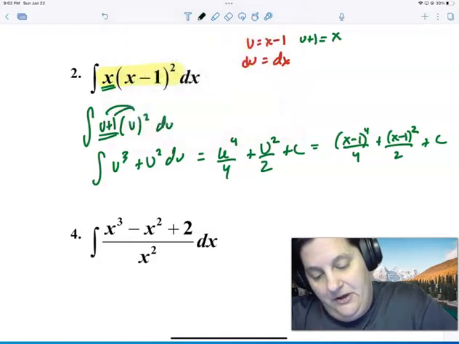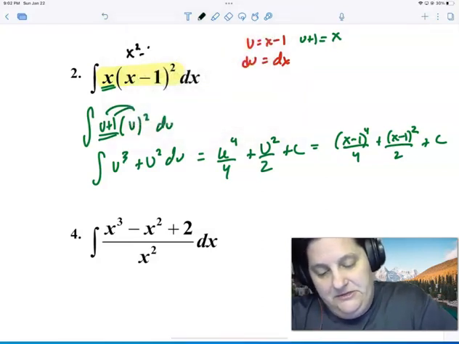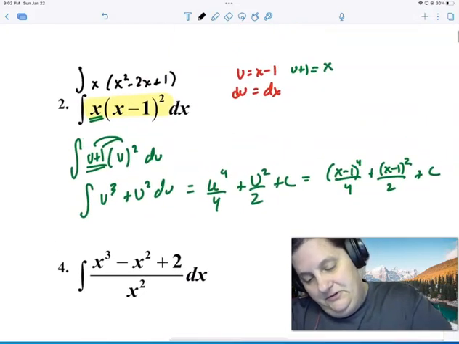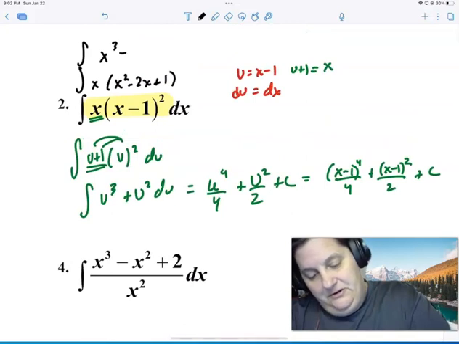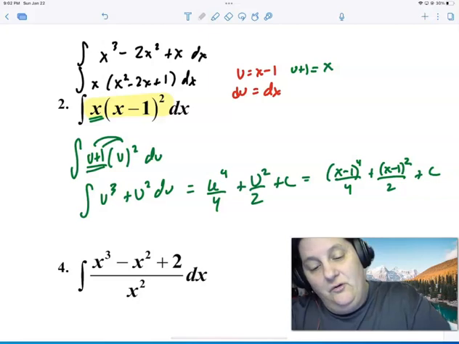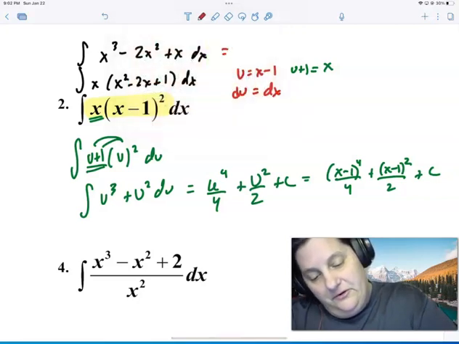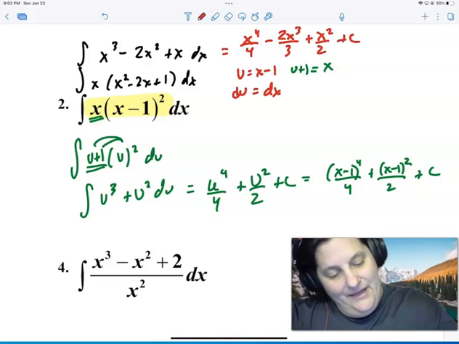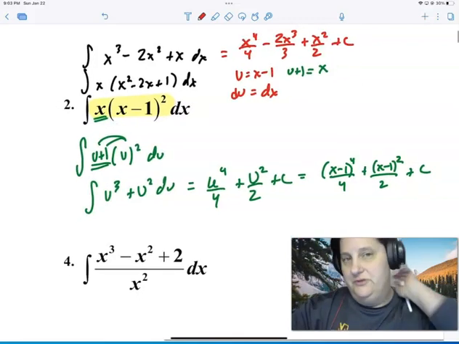If you happen to know that x minus 1 squared is x squared minus 2x plus 1, and that x times that is x to the 3rd minus 2x squared plus x, and then you go from there, you would get x to the 4th over 4 minus 2x to the 3rd over 3 plus x squared over 2. And that's actually going to be equivalent to the answer that we got down here.